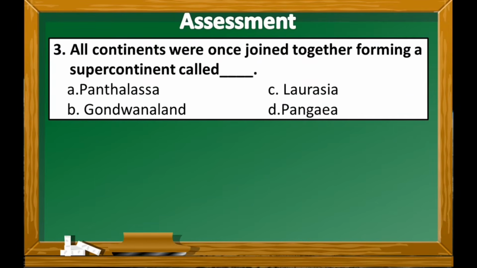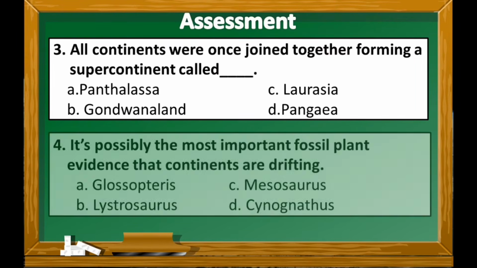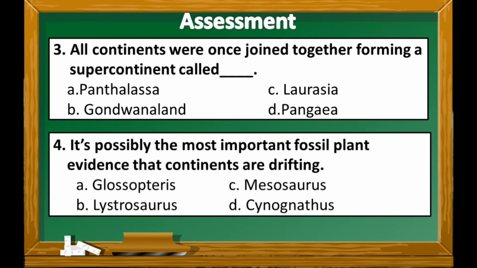Number 3. All continents were once joined together, forming a supercontinent called A. Panthalassa, B. Gondwanaland, C. Laurasia, D. Pangaea. Number 4. It is possibly the most important fossil plant evidence that continents are drifting.